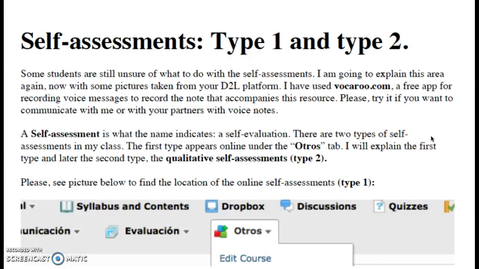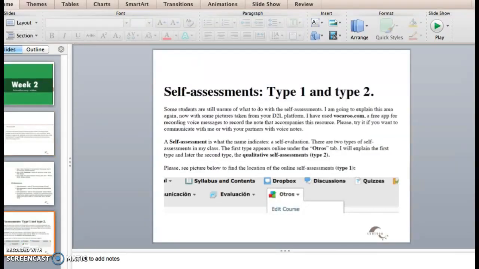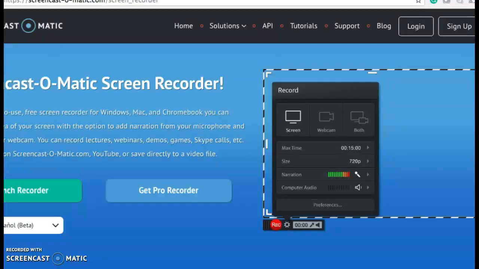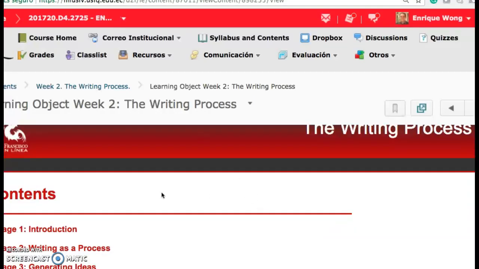I'm going to use this time to get to the learning object of the second week because I want to show you what important information you'll find once you access. So in the learning object, you'll see that this is the second week.